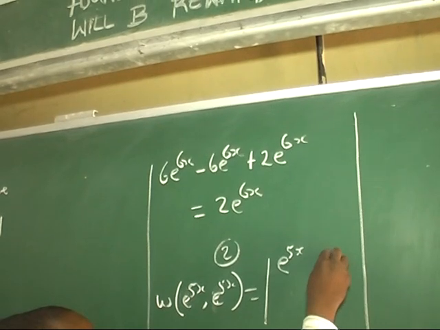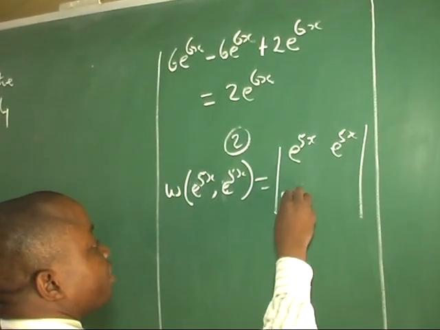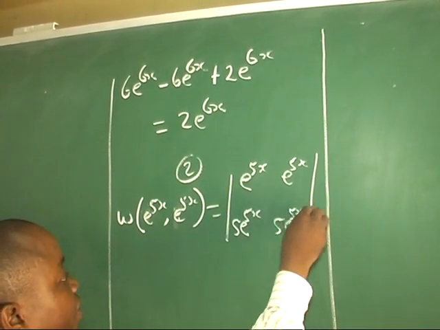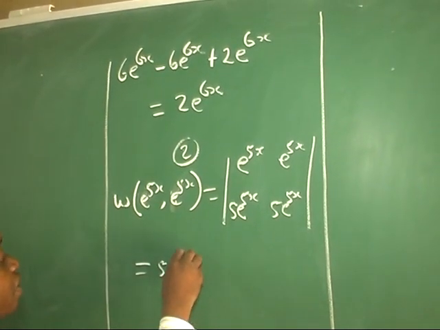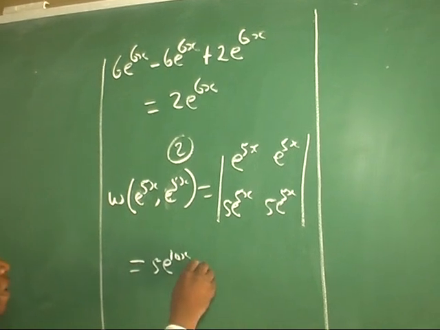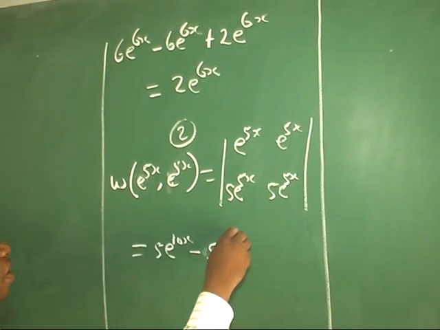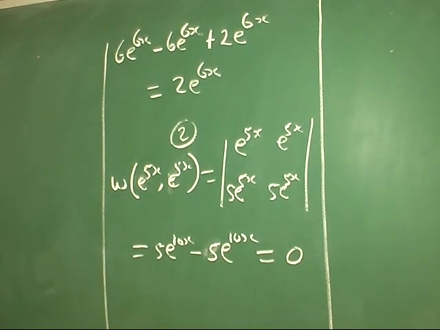If you differentiate this, you have 5 exponential 5x, and this will also give you 5 exponential 5x. Now this time this will give us 5 exponential 10x minus 5 exponential 10x. So that gives us 0.